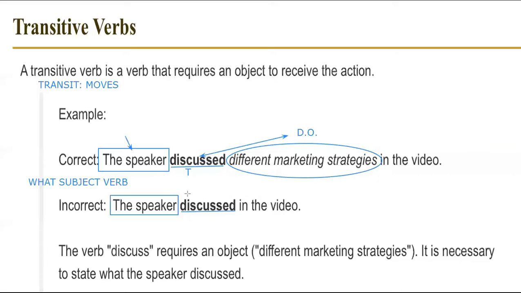Manuel, how do we know that this verb is transitive or intransitive? What do we have to do? Ask the question. What plus the subject plus the verb. Now, make the question, Manuel, using the second sentence.